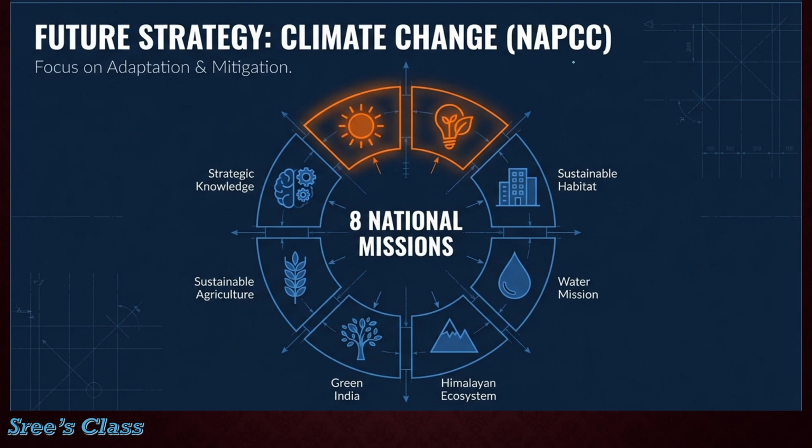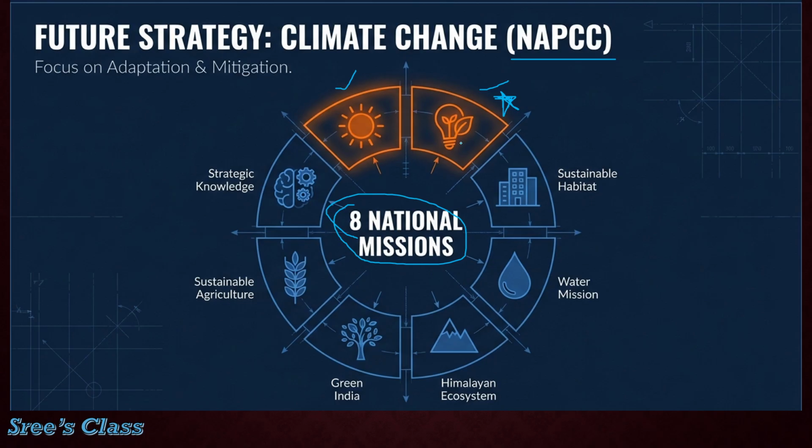Now another important thing, that is the National Action Plan on Climate Change. In this we mainly have 8 national missions, which are most important. The first one is the National Solar Mission. Second is the National Mission on Energy Efficiency and Enhancement. This is one of the important things from our perspective, because under this only the EC Act came, and the Bureau of Energy Efficiency is there.